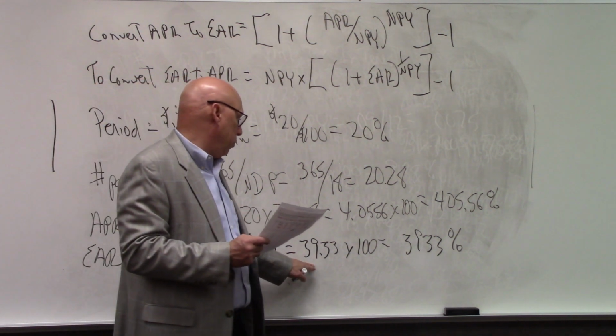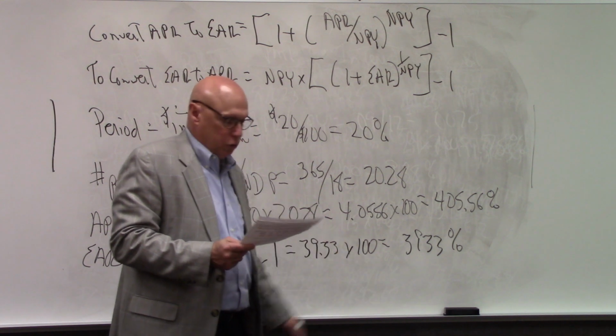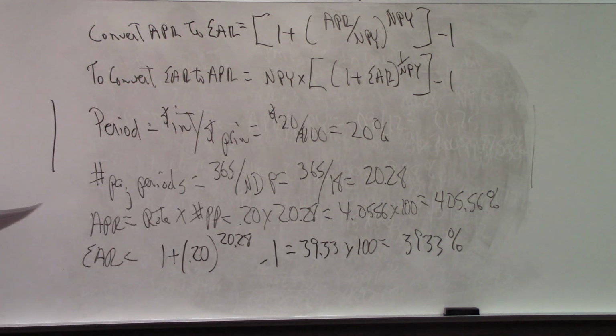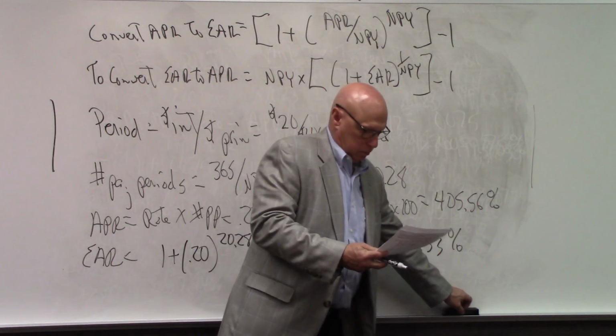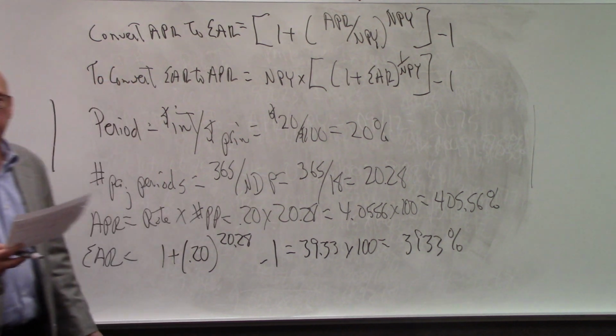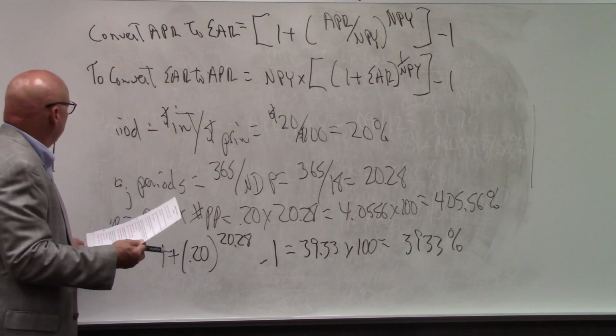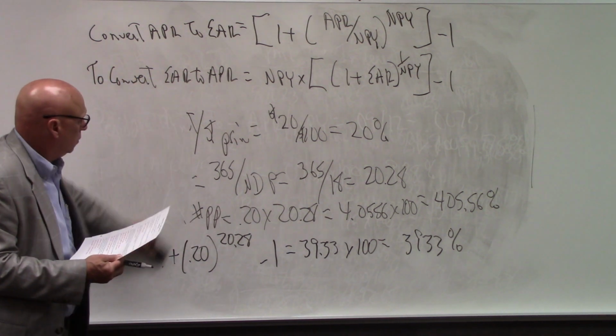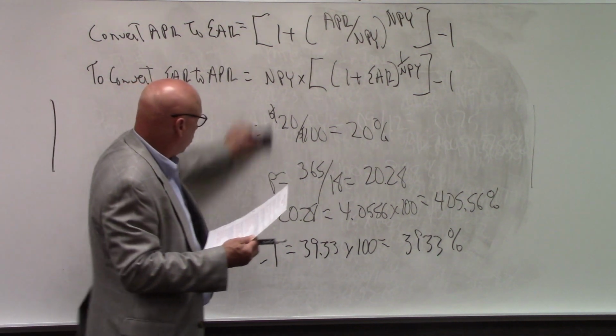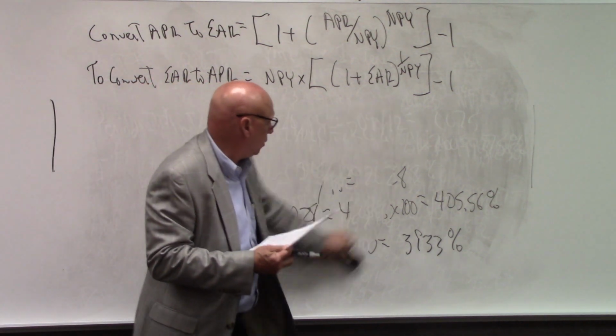You get 39.33, multiply it by 100, you get 3,933%. Okay? All right. I know I'm going over this fairly quickly, but you've had this in the lectures. More detail is given in the lecture.